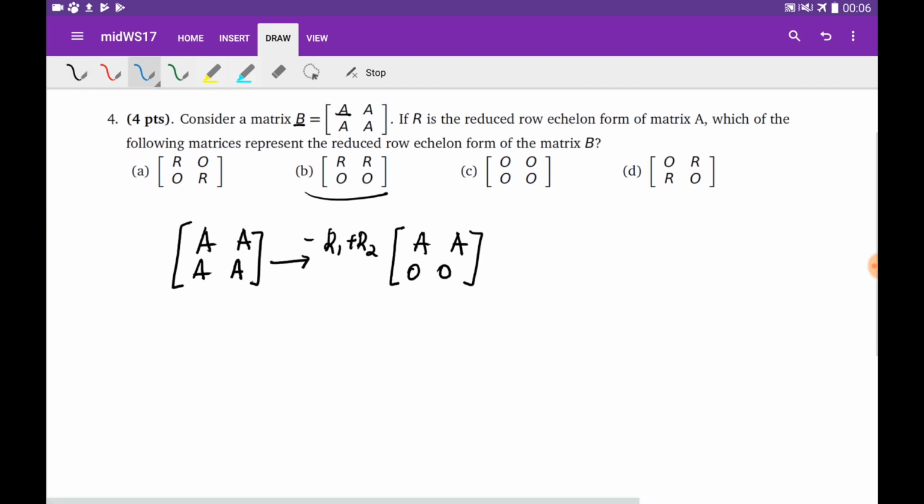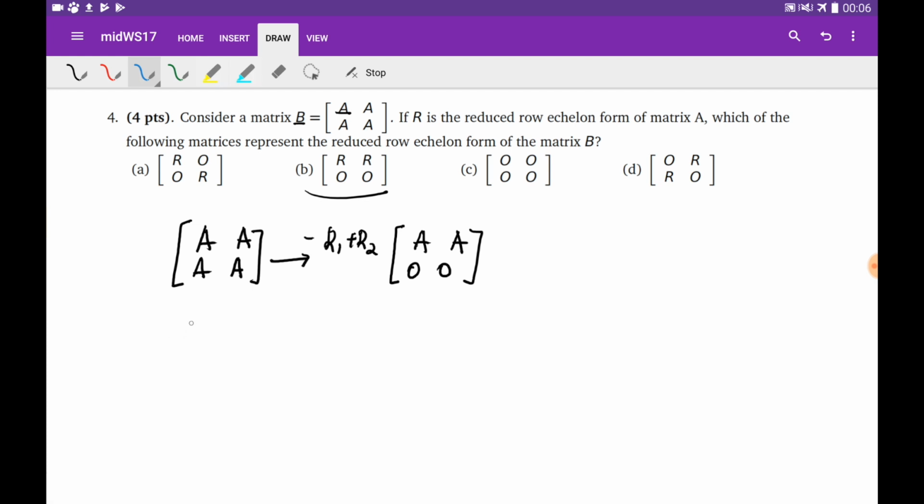At the same time, we can just take an example. Let's assume that the reduced row echelon form of A is equal to 1, 0, 0, 1. Then the matrix B can be written, for example, as 1 0 1 0, 0 1 0 1, 1 0 1 0, 0 1 0 1.